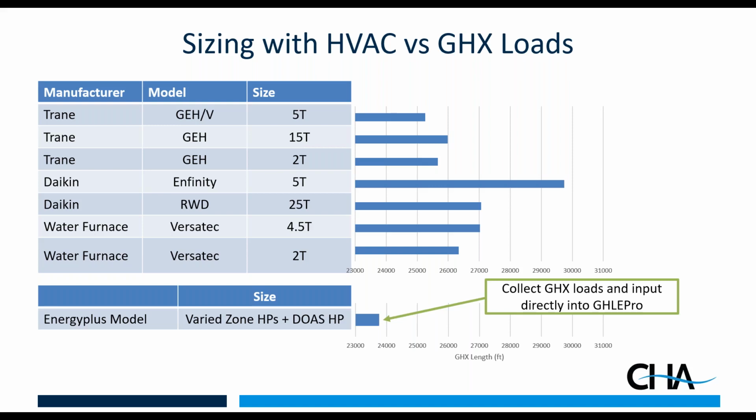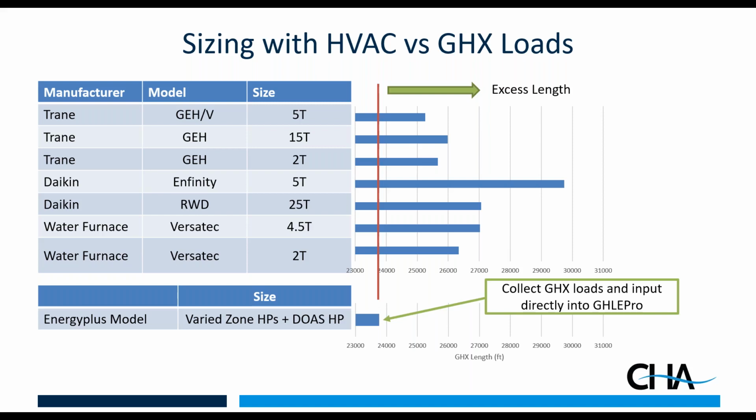And so we can capture that sophistication more directly and have a better answer by directly inputting those and letting the program specialize in the ground physics like we want it to, and leaving the HVAC simulation to EnergyPlus. So you can see where basically all of these other ones now have excess length that we are forecasting.